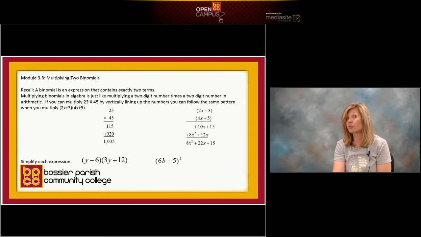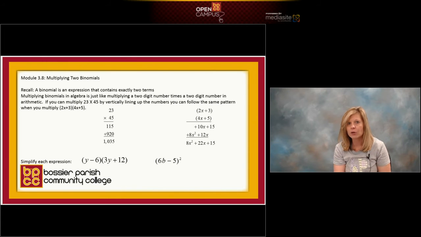Then you did 4 times 2, you got 8, and added the 1 you carried, which is 9, and that's where you got the 920. Then you took all those numbers in those columns and added them. So you started with the ones: 5 plus 0 is 5. 1 ten plus 2 tens is 3 tens. 1 hundred and 9 hundreds is 10 hundreds, which really is 1,000. And that's where you got the product, 1,035.